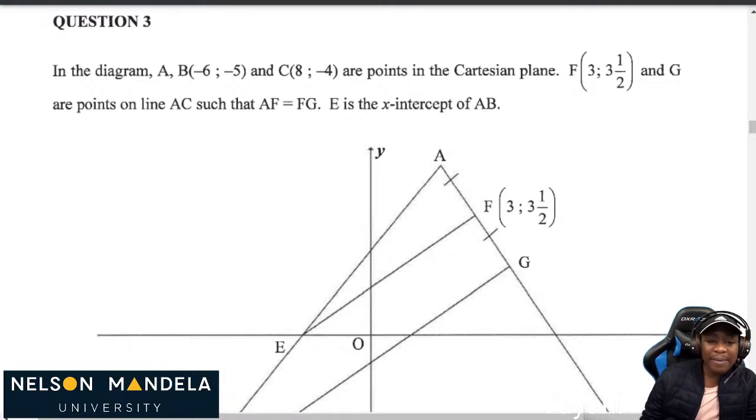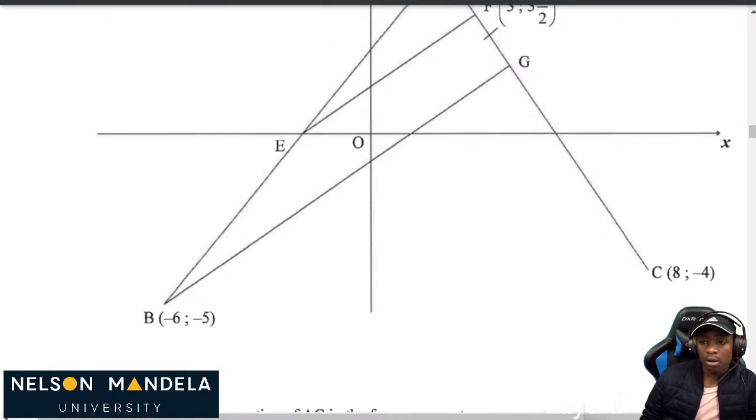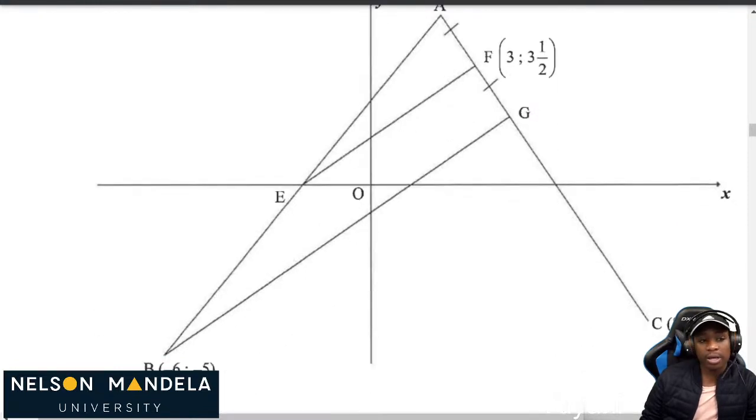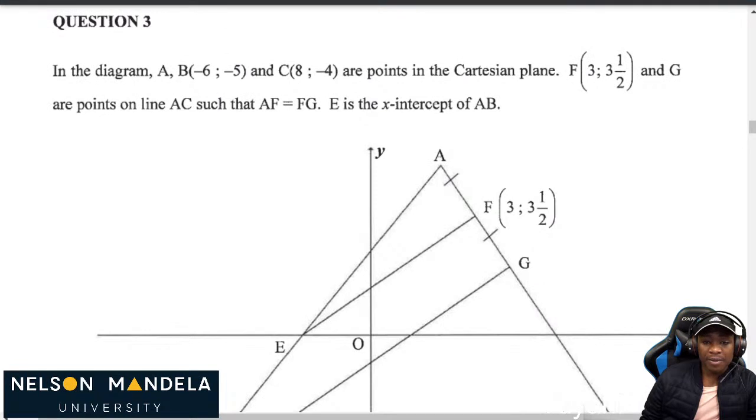Now in the diagram, A, B, and C are points on the Cartesian plane. F, where is F? I can't see. Oh, here is F. Here is F. And G are points on the line AC such that AF is equal to FG, which means F is the midpoint of AG.